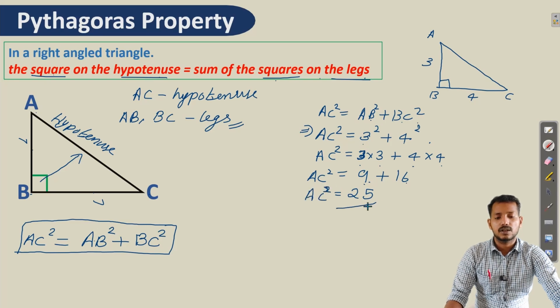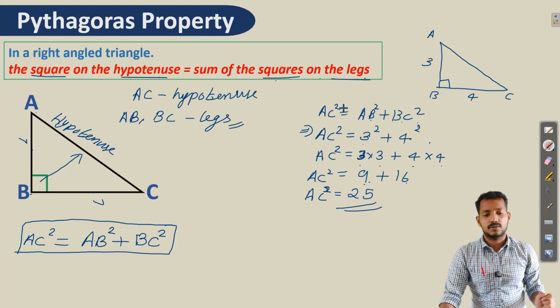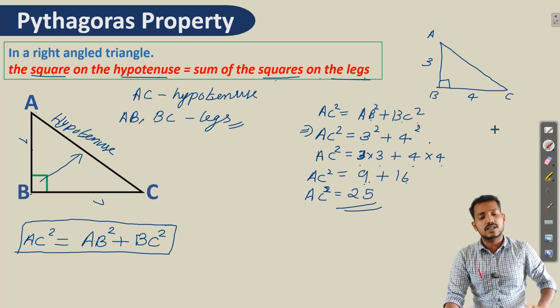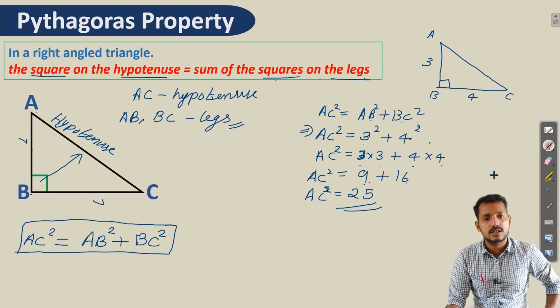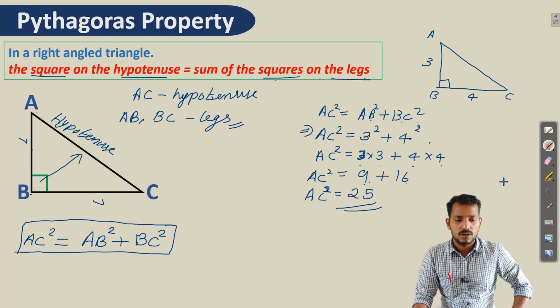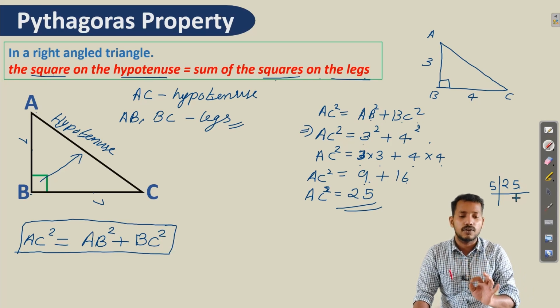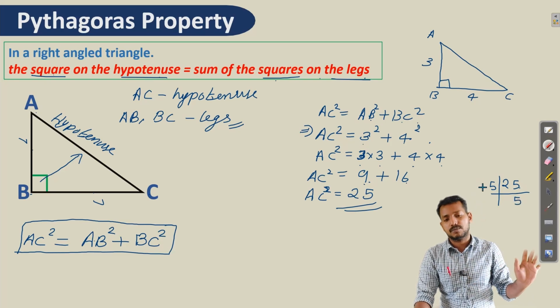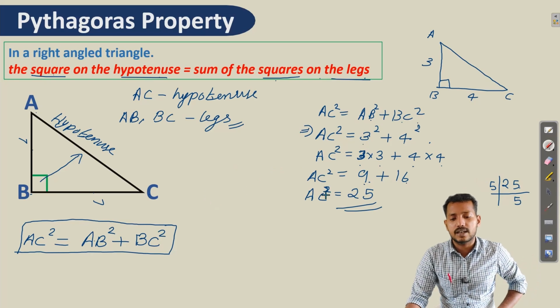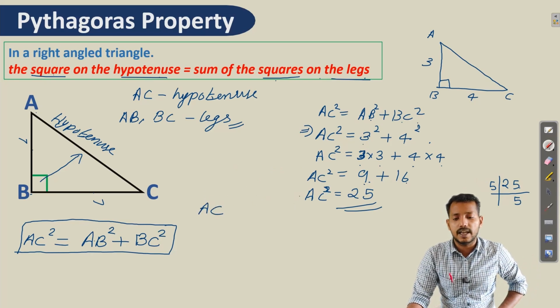We got that, but we need AC. To find AC is very simple. What is the number you got here? Just prime factorize it. So 25, when you prime factorize, you will get 5, it is only divisible by 5, 5 into 5 is 25. So AC square we can write as AC into AC, am I right?